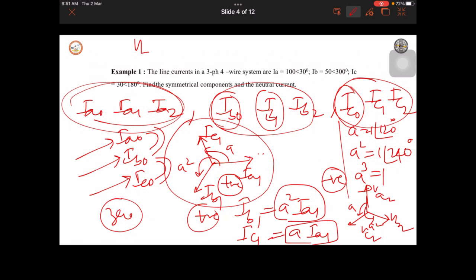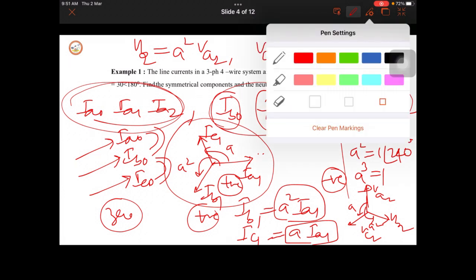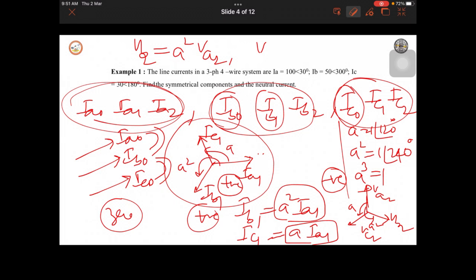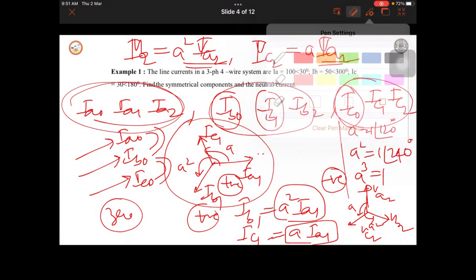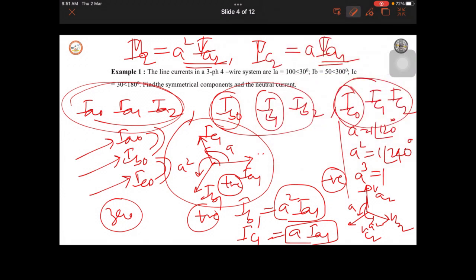So here also you can write VB2 as A square times VA2 and VC2 is A times VA2. Similarly by knowing IA2, you can find IB2 and IC2. This is how one can find the answer for symmetrical components.